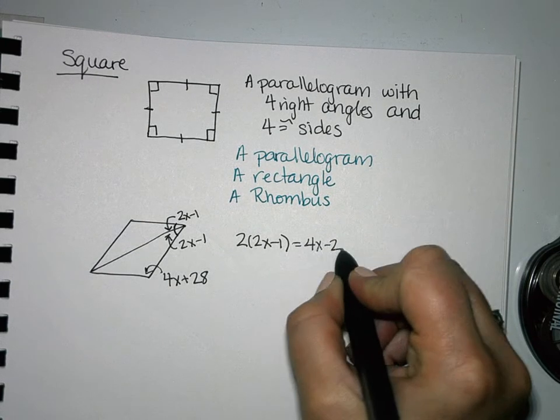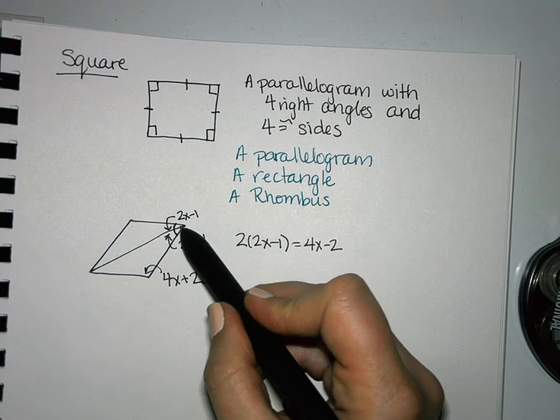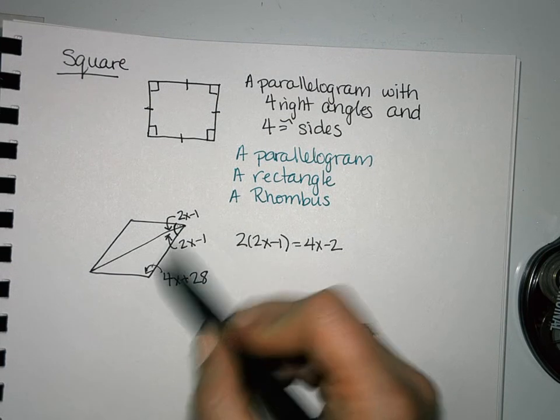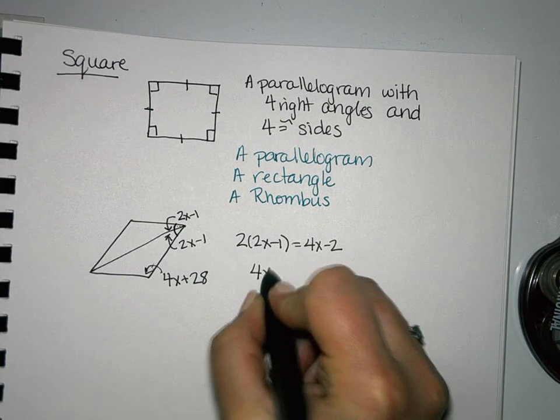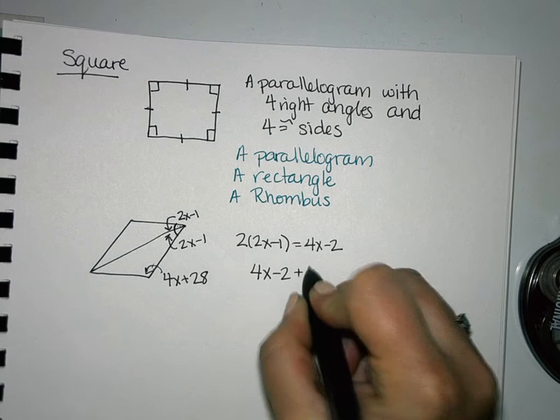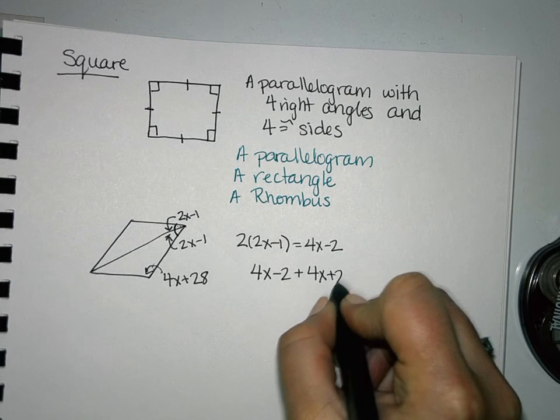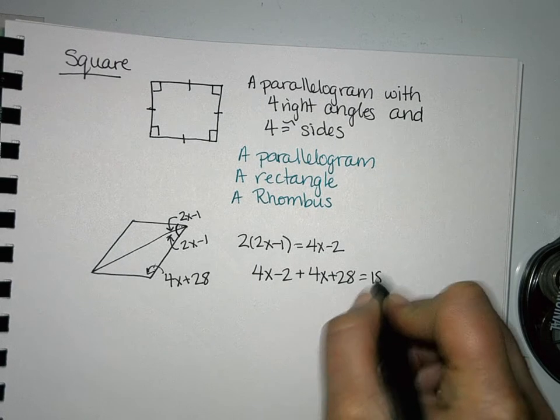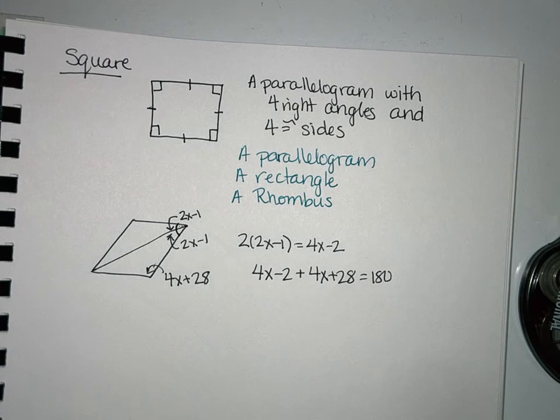And then using the parallelogram, we know that consecutive angles are supplementary. So 4x minus 2 plus 4x plus 28 will equal 180, and you can solve for x. This is the type of thing you're going to be doing on 17 through 24. You're going to be looking for what's given in the problem and what properties you can use to help you set up an equation to solve for x.